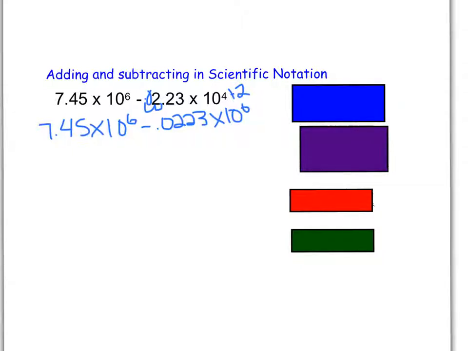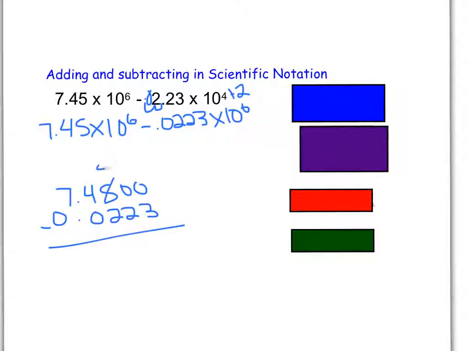Now you have to do some subtraction. So 7.45 minus 0.0223. So now you're going to carry, this will become a 4 and a 10. Now the 0 has to have more value than 3. So this will become a 9.